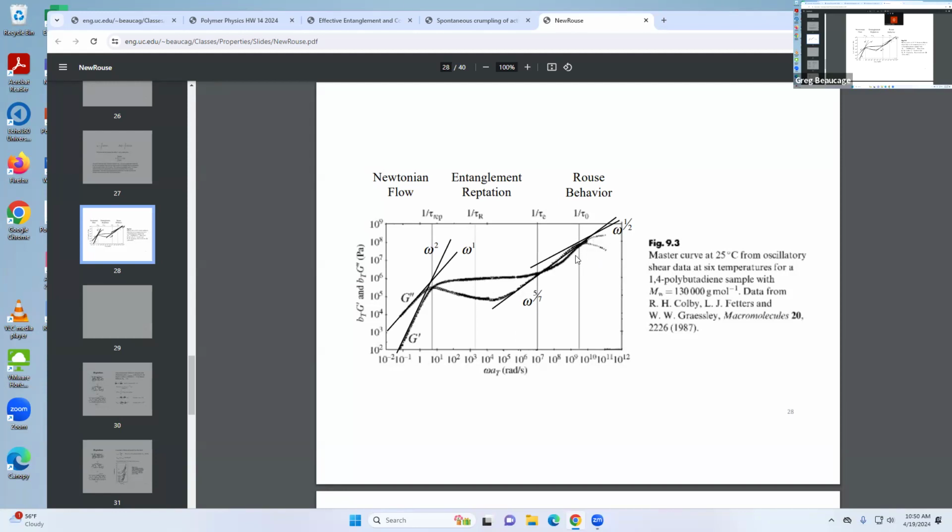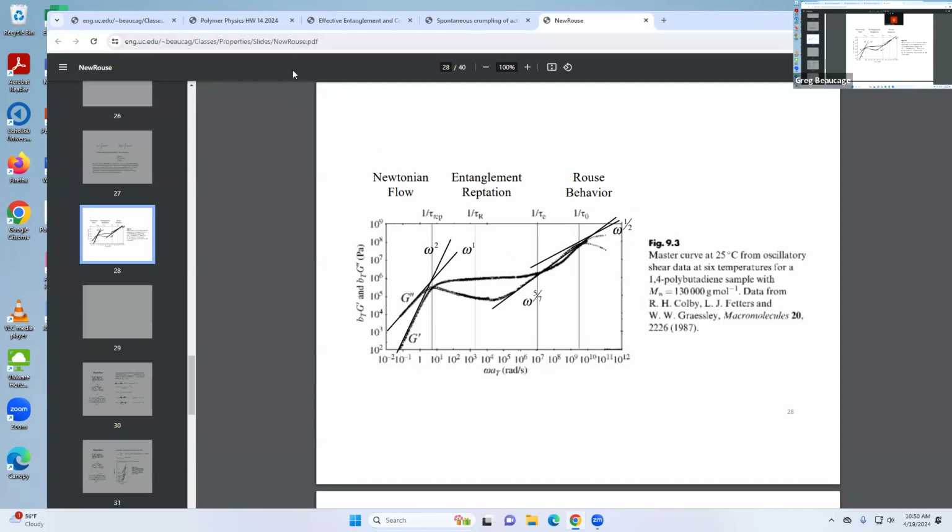It's not that clear in this data, but in data from more like my cells, it's really clear, right? So basically model polymers will show this frequency to the 1/2 here, which is a signature of Rouse scaling, which is like the train thing, right? Within the tube. So that defines the tube here. This is the Rouse within the tube. And that's basically the reptation theory in a nutshell.